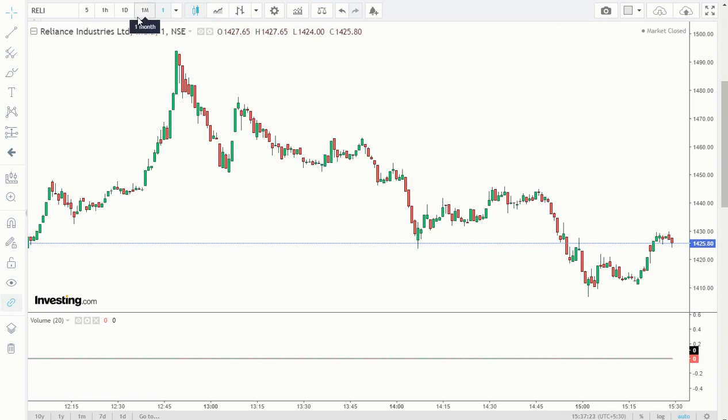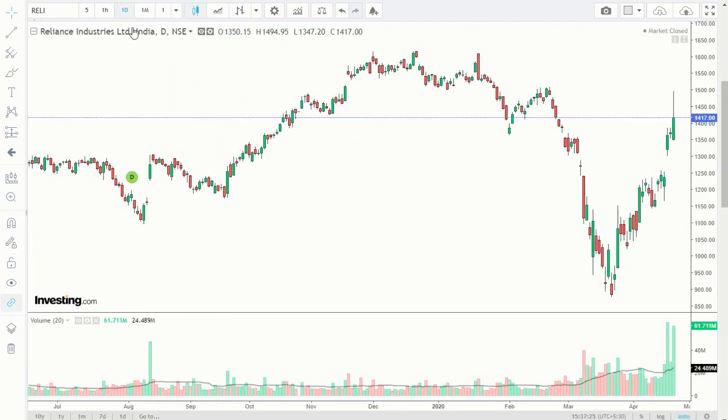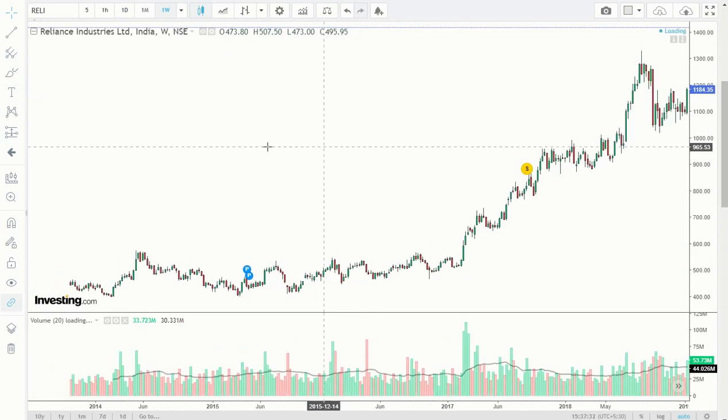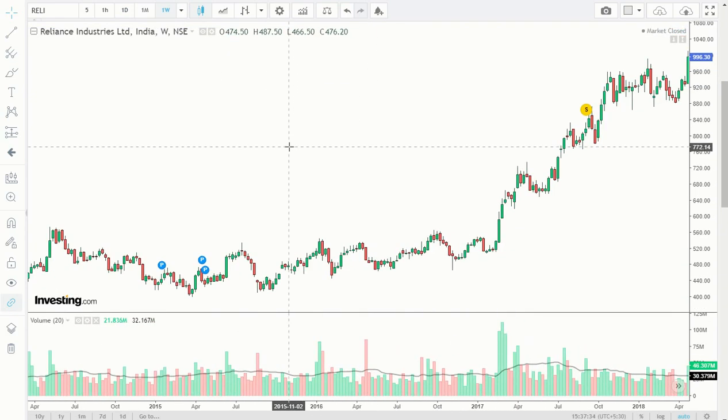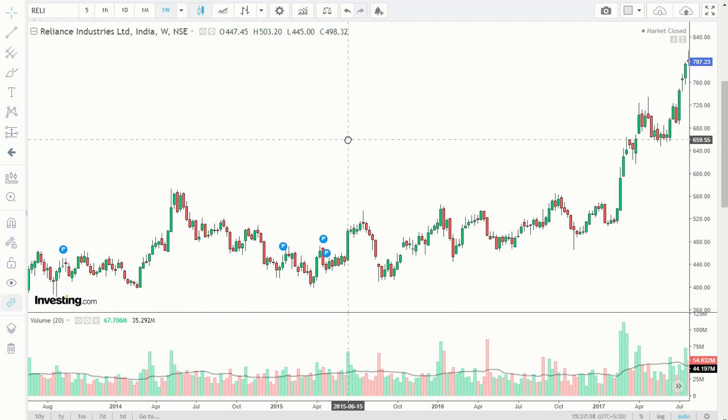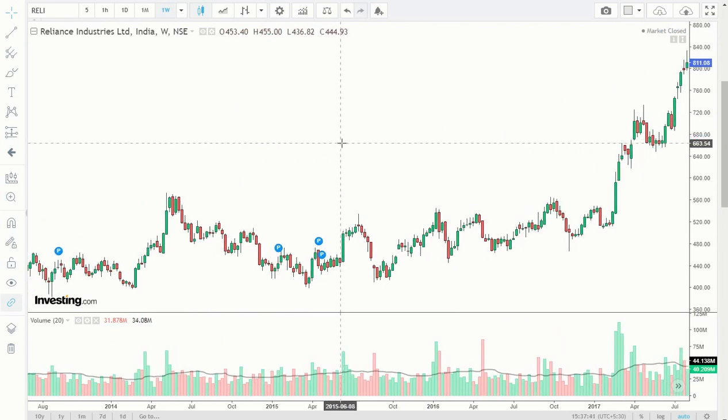Today, I am going to cover weekly analysis of Reliance Industries. It's not really an analysis, but how you use trend lines, and you can start using it right after this.